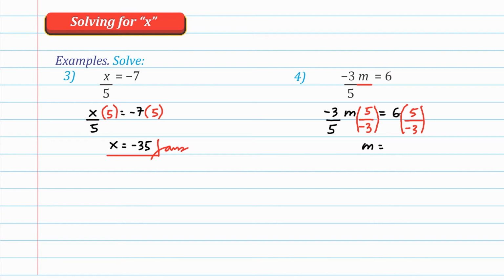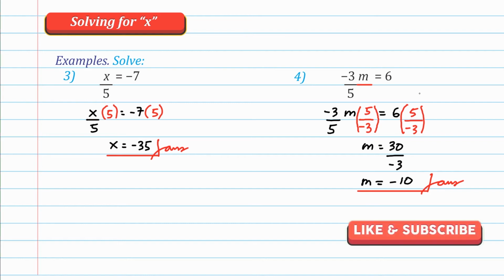Now, simplifying this one, multiplying the numerators, 6 times 5 is 30 over negative 3, because the denominator of 6 is 1. 1 times negative 3 is negative 3. In the end, simplifying further, m is 30 divided by negative 3, which is negative 10. So that's how we solve for the value of m. Counteract division by multiplication. Counteract multiplication by division. Or, you can simply multiply by the reciprocal of the numerical coefficient.